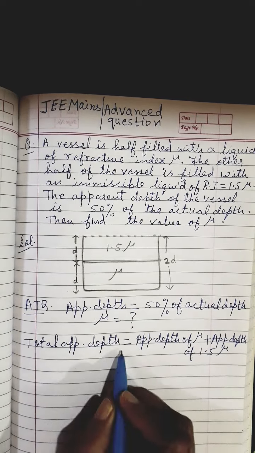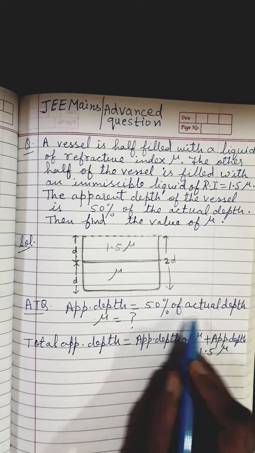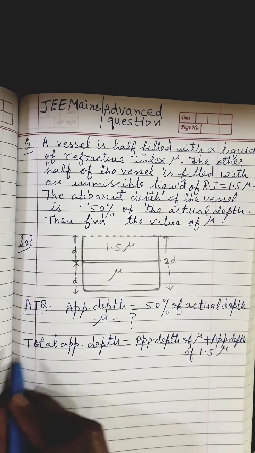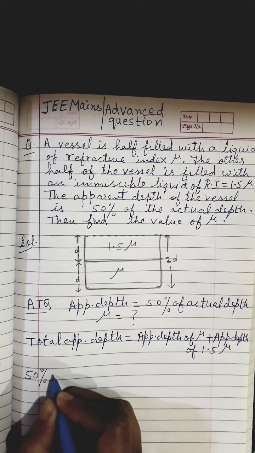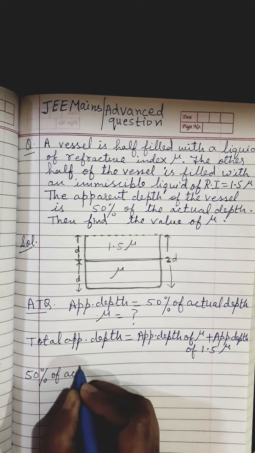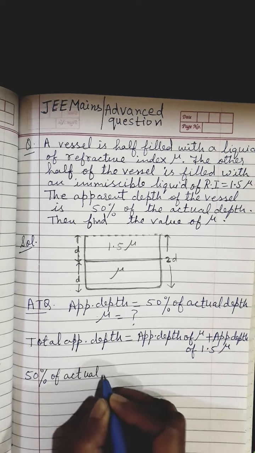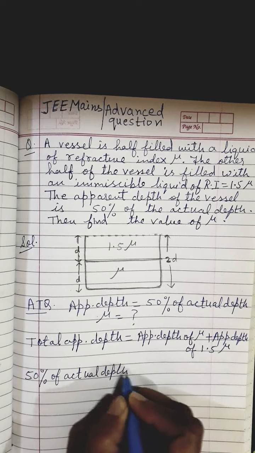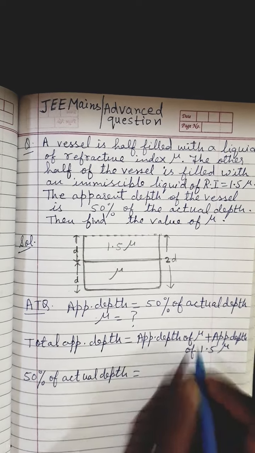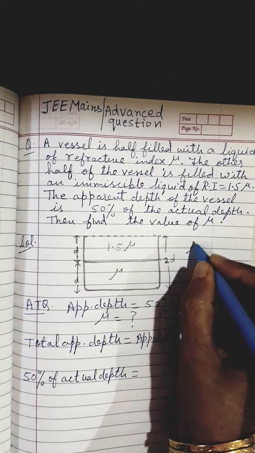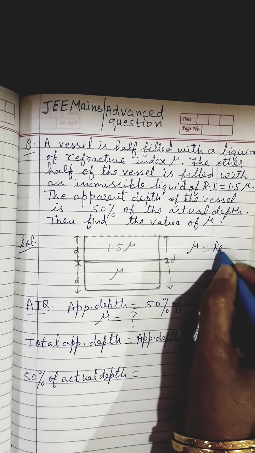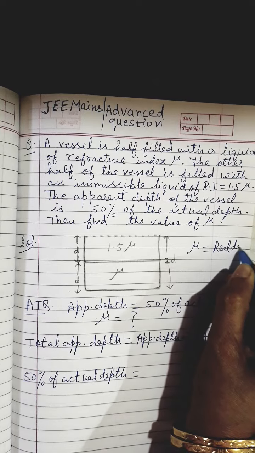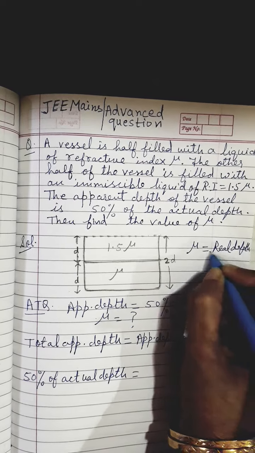This total apparent depth is how much? Given 50% of actual depth. So here we will write 50% of actual depth. We know that mu is given by real depth divided by apparent depth.